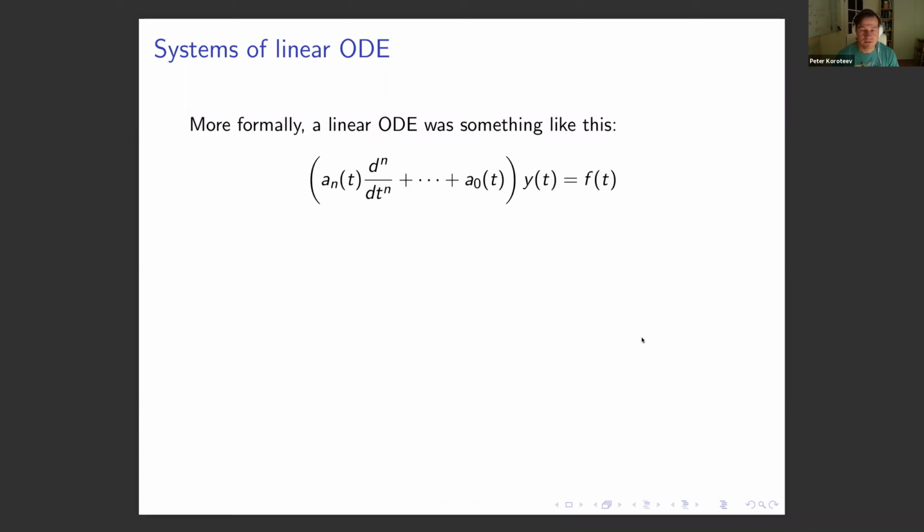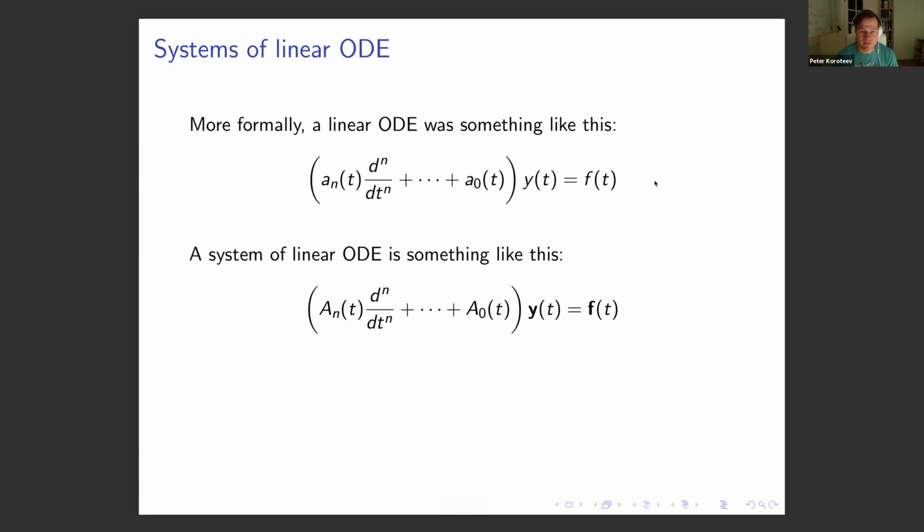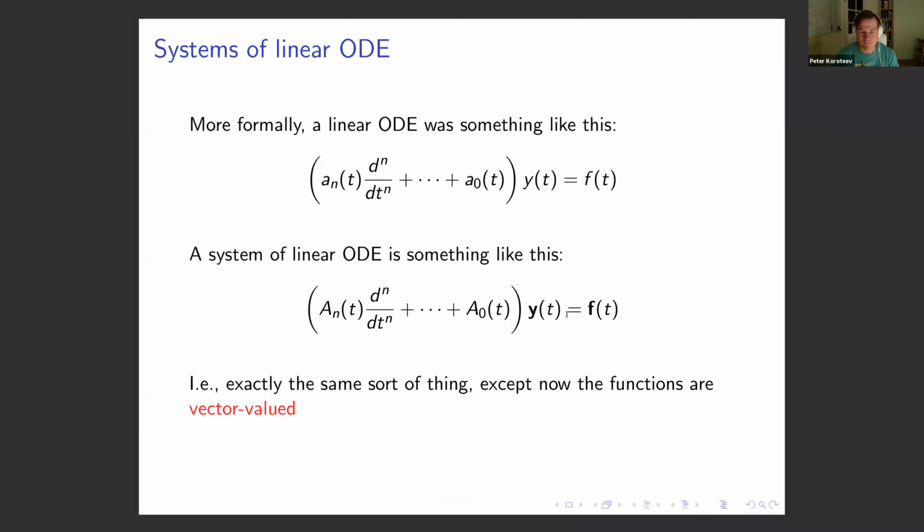And more formally, a single linear ODE looks something like this. There's a linear operator acting on y of t equal to f of t. And a system of linear ODEs looks like that when this operator acts on vector y of t, equal to vector function f of t, and an through a0 are matrices, matrix valued functions.